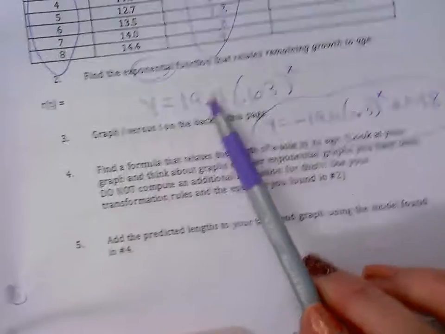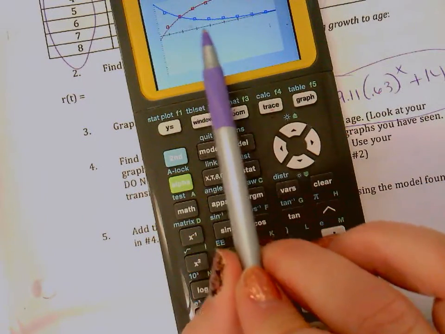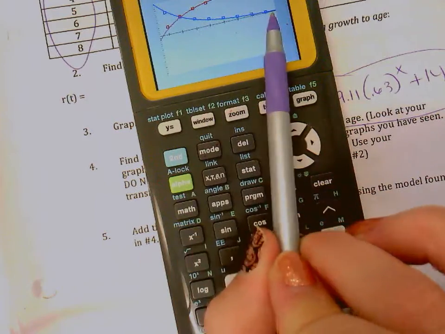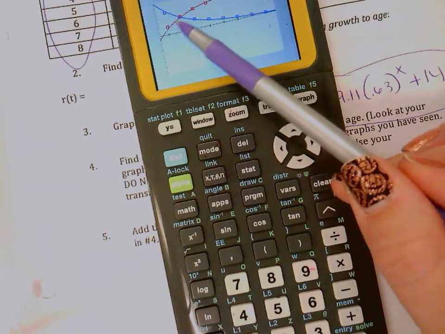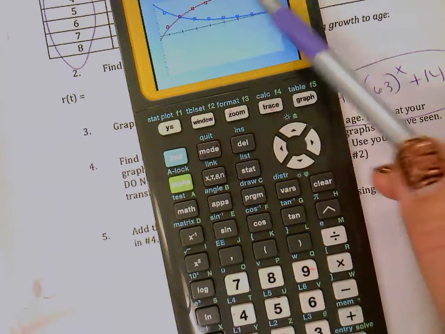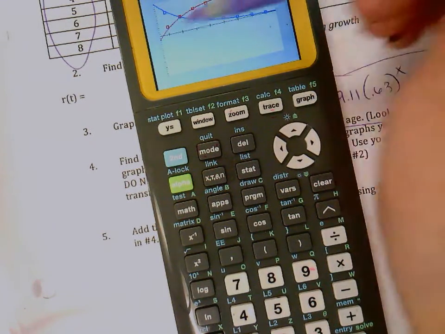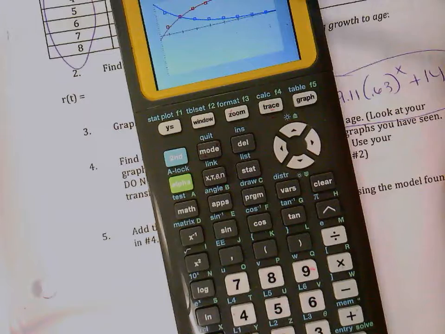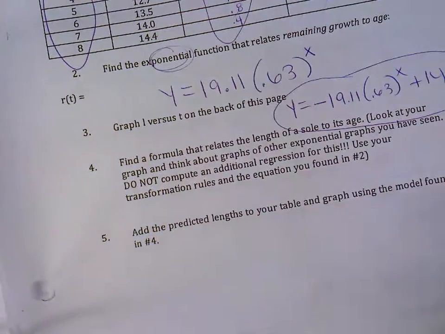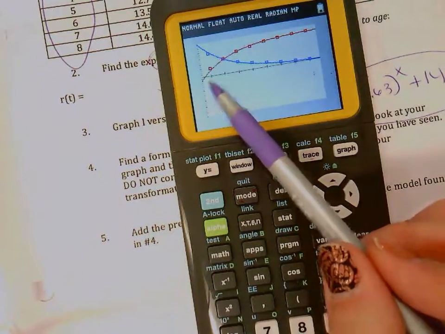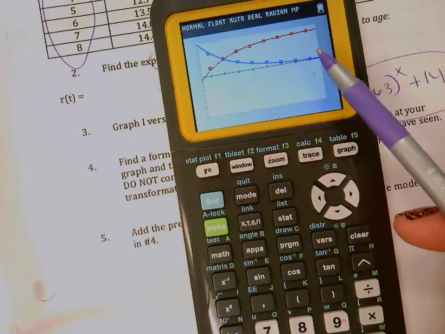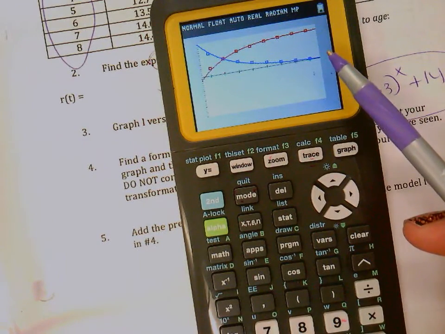So yeah, this blue set of dots was the remaining growth of the fish. So the red is actually the actual length of the fish related to its age, right? Because the longer the fish, the older the fish is. So your calculator is unable to figure out this red equation because it can't figure out exponential flips and all that stuff.